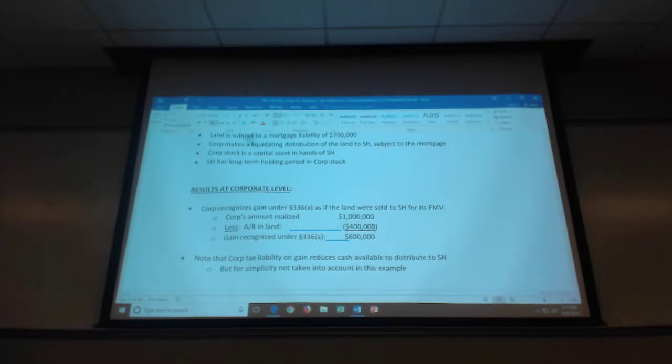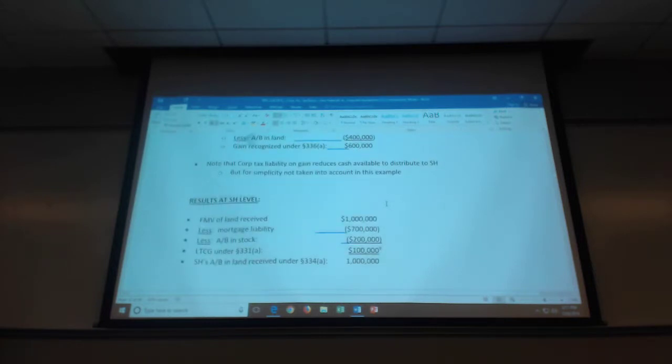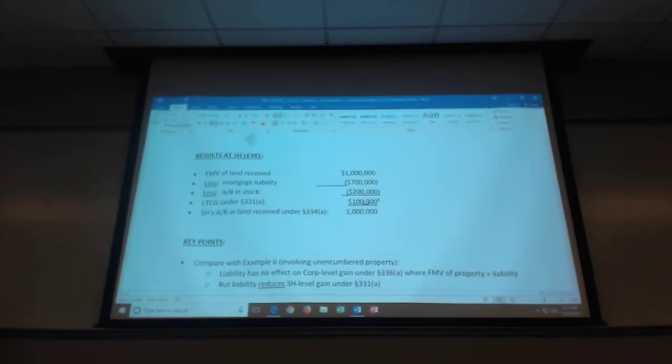Hold that thought. At the shareholder level, again, this is similar to what we studied for non-liquidating distributions. The liability is taken into account. And think about it economically. It makes sense. Look at what the shareholder netted in an economic sense.